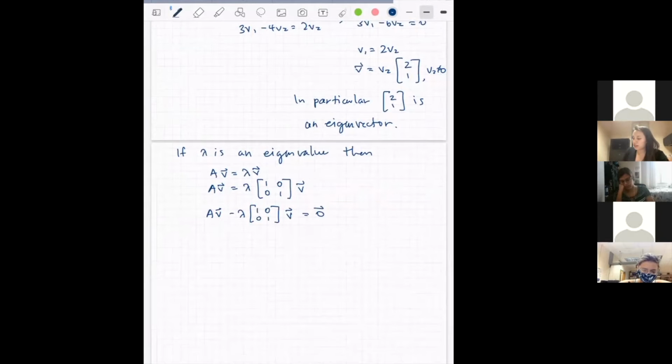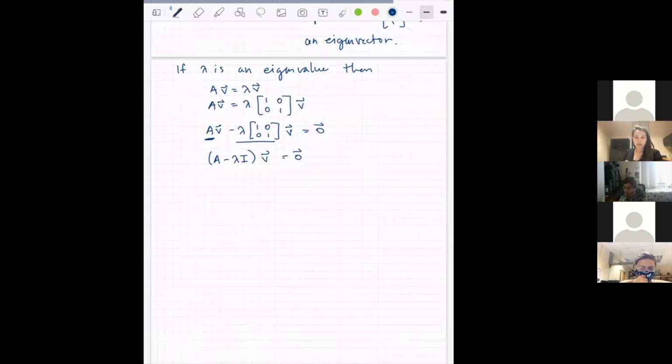And this is a matrix, right? If we insert lambda into here, this is also a 2 by 2 matrix, right? And we can factor that V out on the right-hand side. So here, I'm just going to rewrite this as I. So lambda times I, and we factored out V, right?